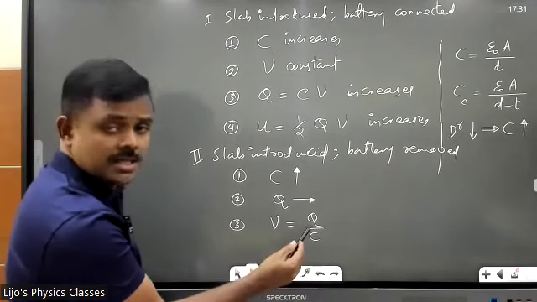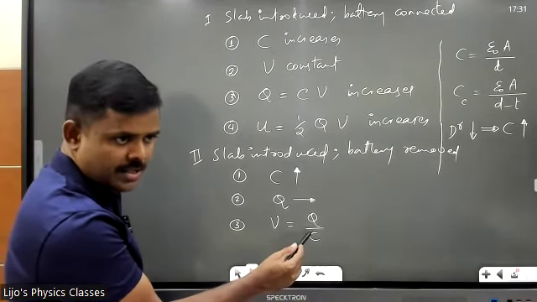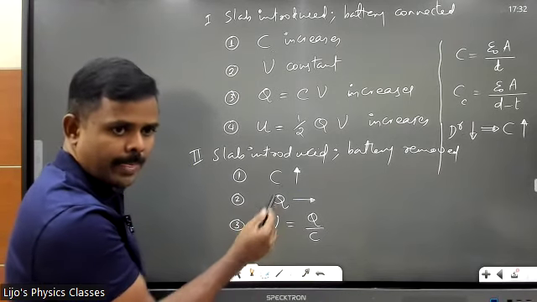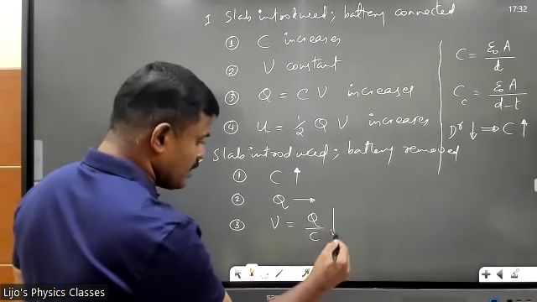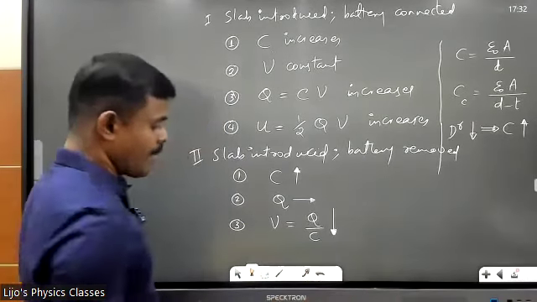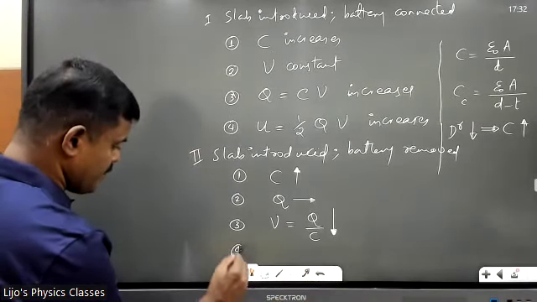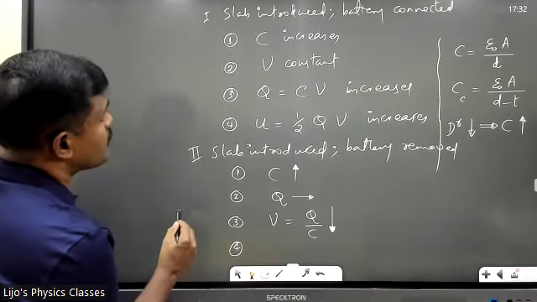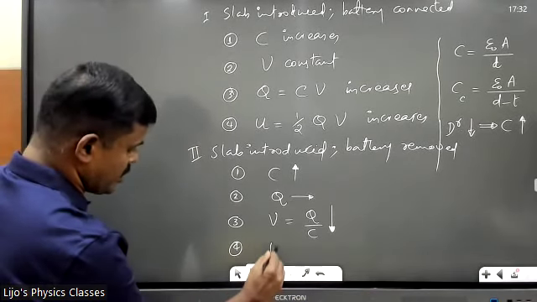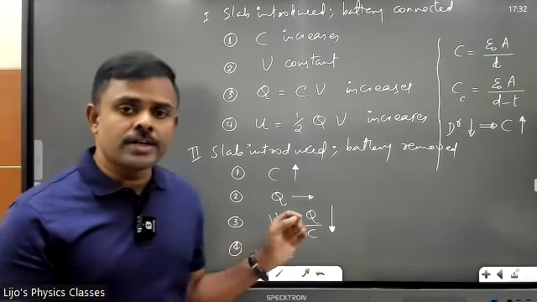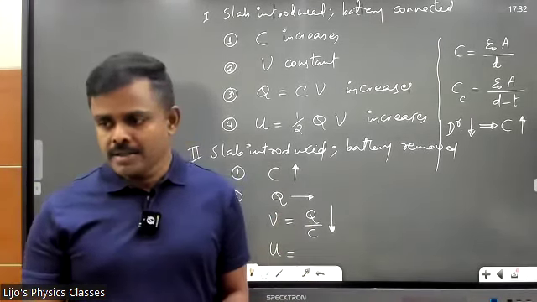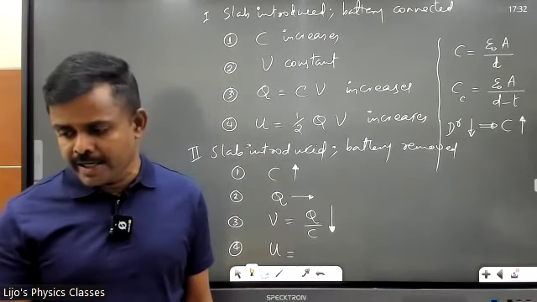Here, Q is a constant. Numerator is constant, denominator increases. So V will decrease. Last one, energy. I said I have 3 equations, but I have to choose the equation judiciously: the equation with the constant quantity in it.